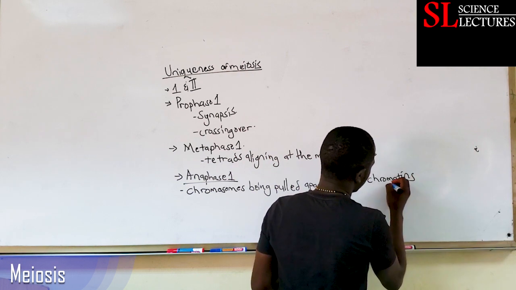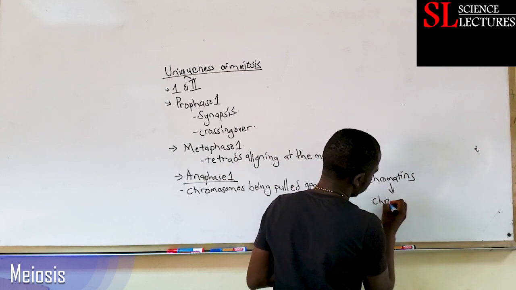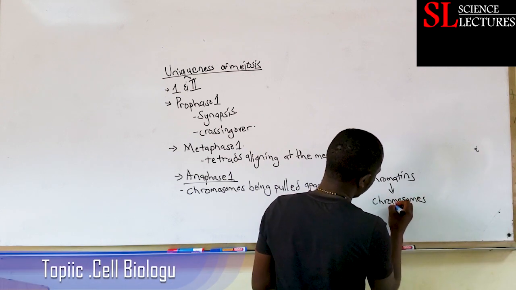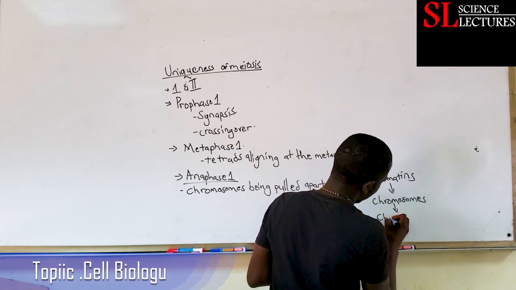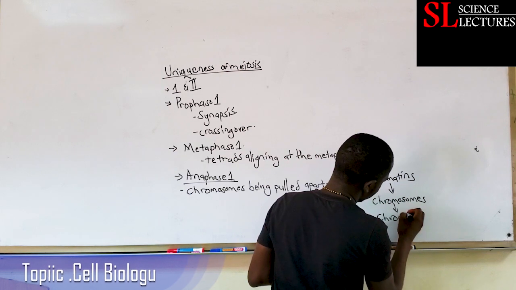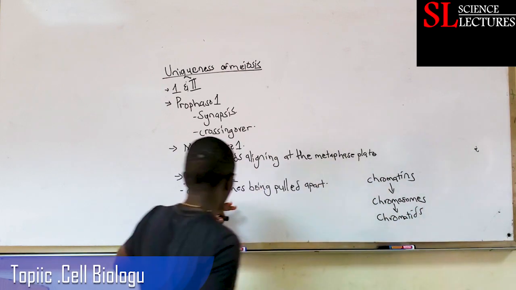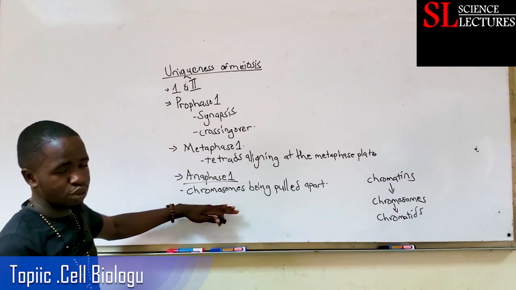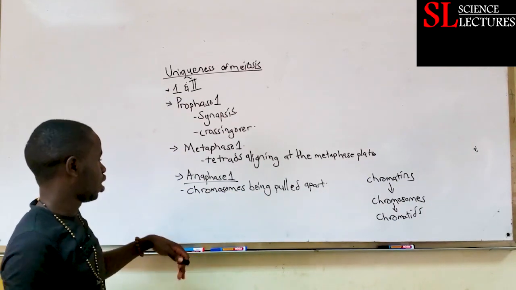When the chromatin condenses, they form chromosomes. Whenever they are being pulled apart, we form chromatids. So here, instead of chromatids being pulled apart, we have chromosomes being pulled apart.